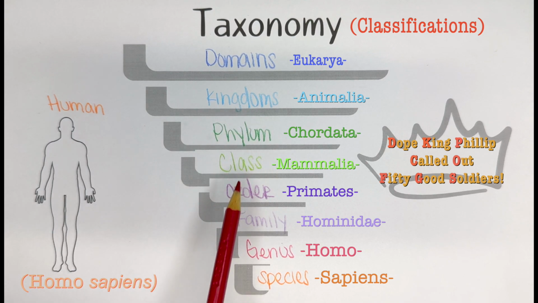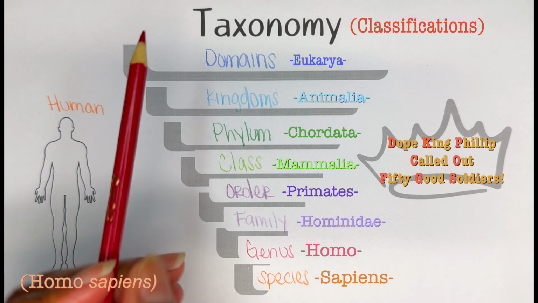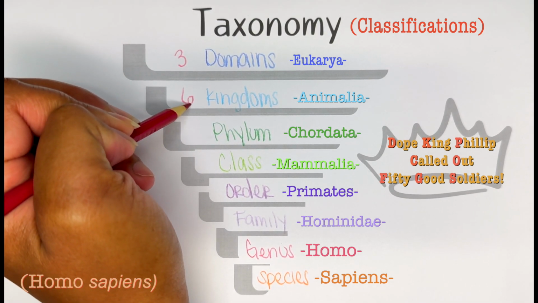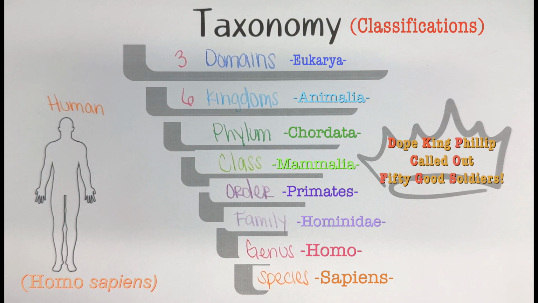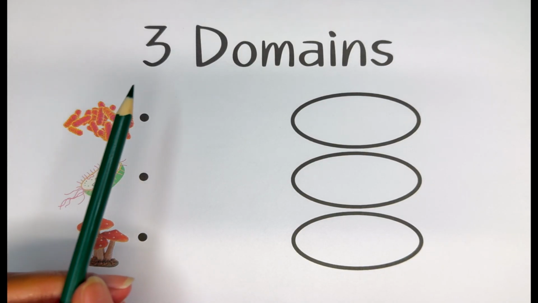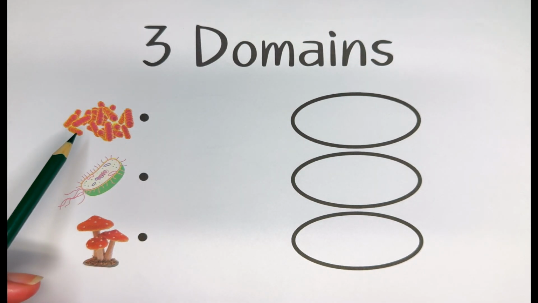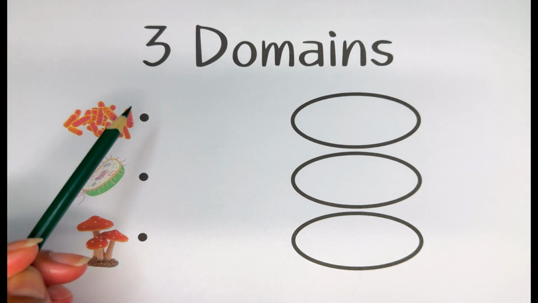Now that we know how to classify an organism, let's get into greater detail about the 3 domains and the 6 kingdoms. So here we have the 3 domains. The first domain that we'll talk about today will be bacteria.